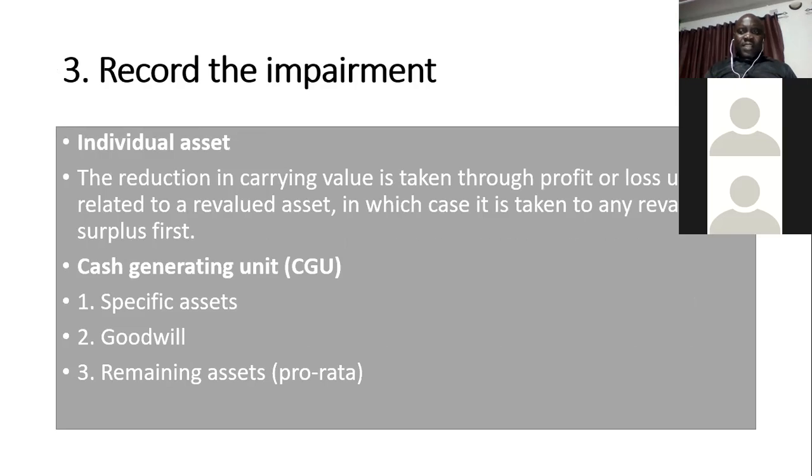So the third stage is to record the impairment. That impairment is basically an expense. And all expenses are supposed to be charged in the income statement.